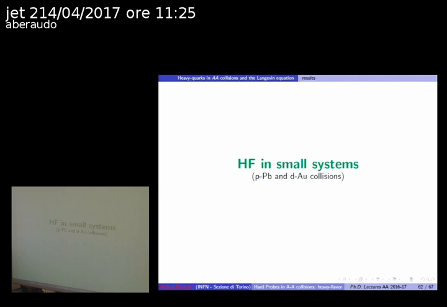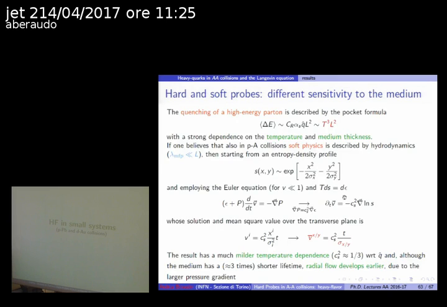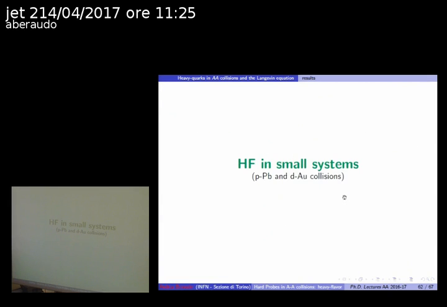Finally, I just sketch some results on heavy flavor in small systems. Why is this interesting? Because, as you have seen in the hydro lectures, there are signatures of collective effects also in collisions of small systems like high multiplicity proton-nucleus collisions or deuteron-nucleus collisions, or even high multiplicity proton-proton collisions.